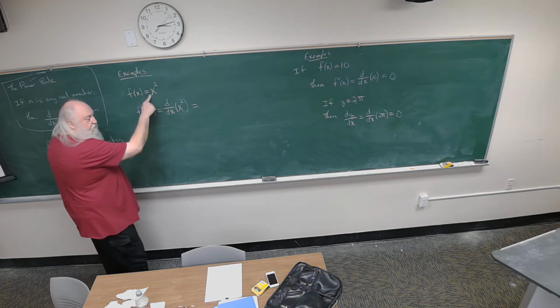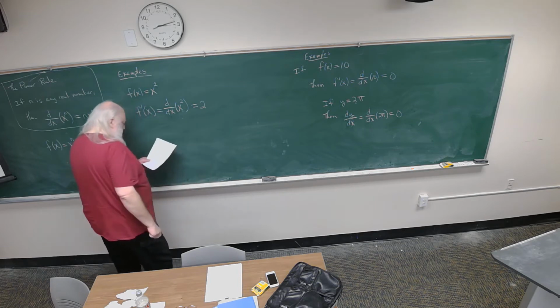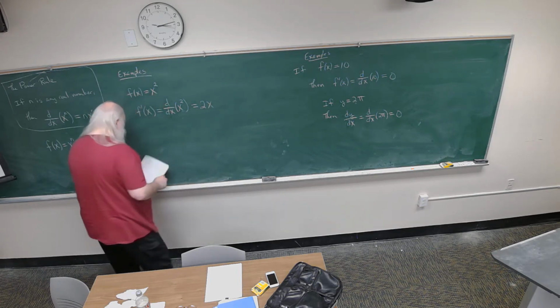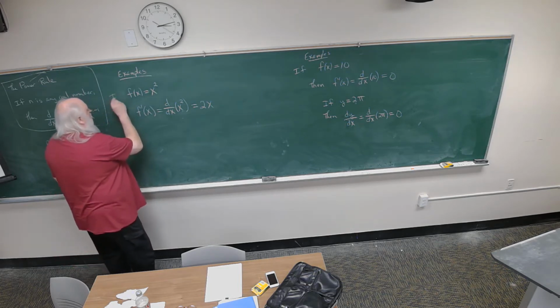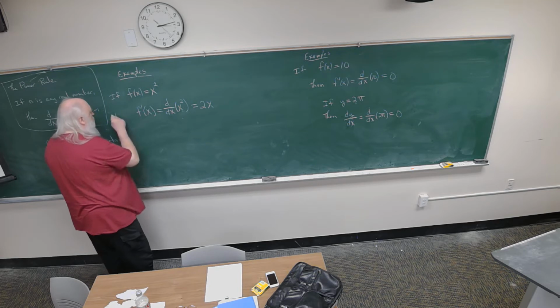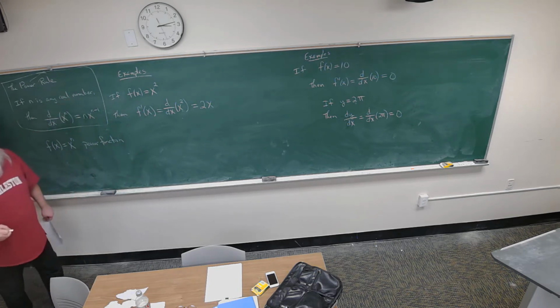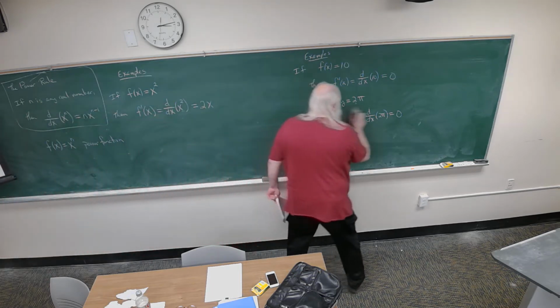You bring the 2 down from the x, and you subtract 1 from the exponent, and you have 2 times x to the first power. So if f of x is equal to x squared, then f prime of x is equal to 2x.